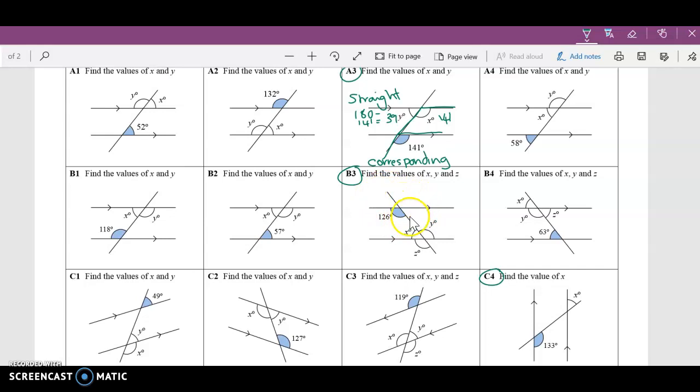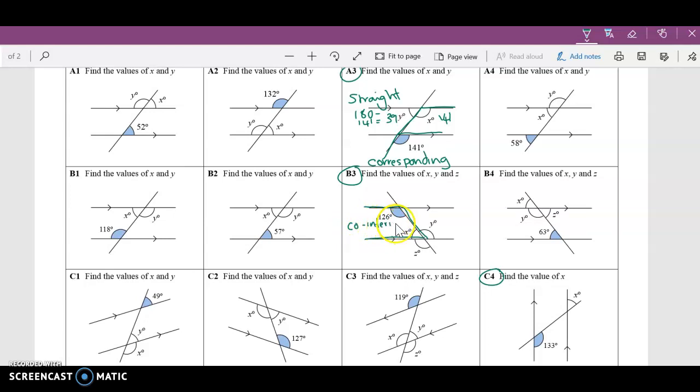So we've got 126 here. Let me draw in my parallel line. So here's the parallel line it's on. Here's the other parallel line, and I'm going to connect them up. And you can see here I've got a C shape here. Yeah, so this is using my co-interior. So co-interior rule.